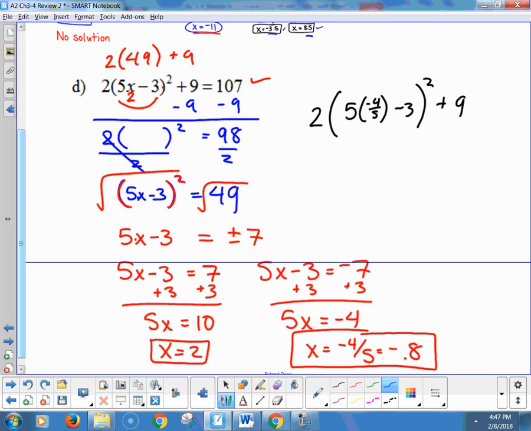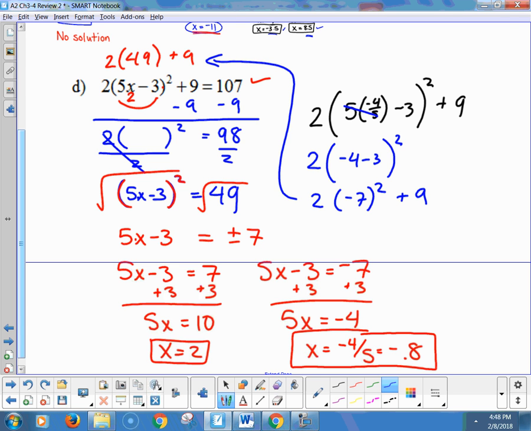So good news, these 5s will cancel, and I end up with 2 times negative 4 minus 3 squared. So 2 times negative 7 squared plus 9, and yes, it's the same thing as that. So both of our answers are going to stick around.